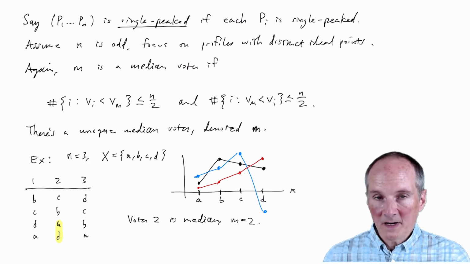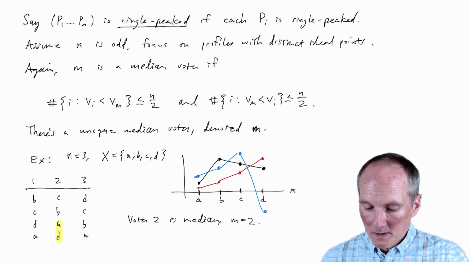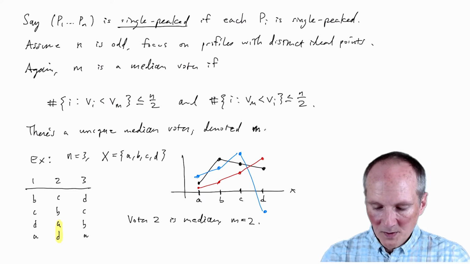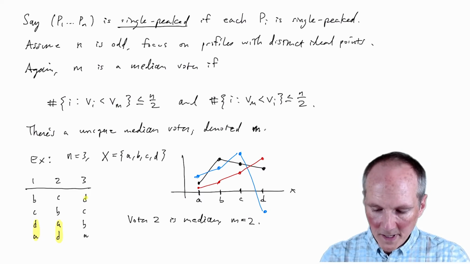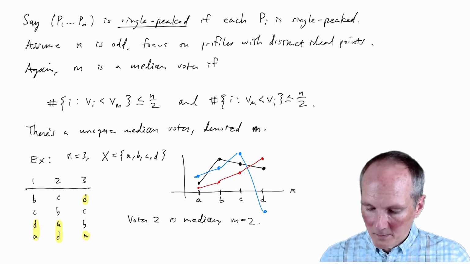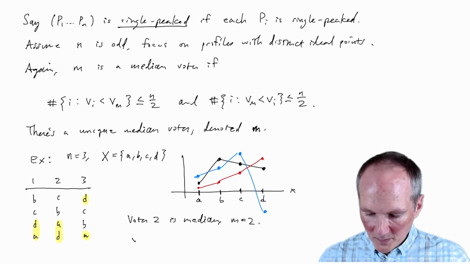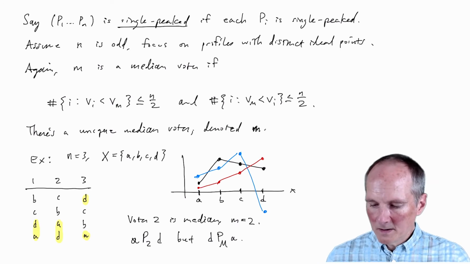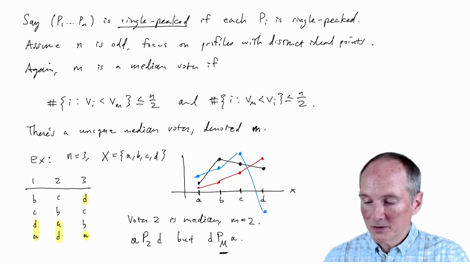So person 2, the median voter, prefers A to D. But if we take a majority vote between A and D, person 1 and person 3 both prefer D. So we have person 2 prefers A to D, but a majority of voters prefer D to A, and so here this is a capital M. D beats A in a majority vote.